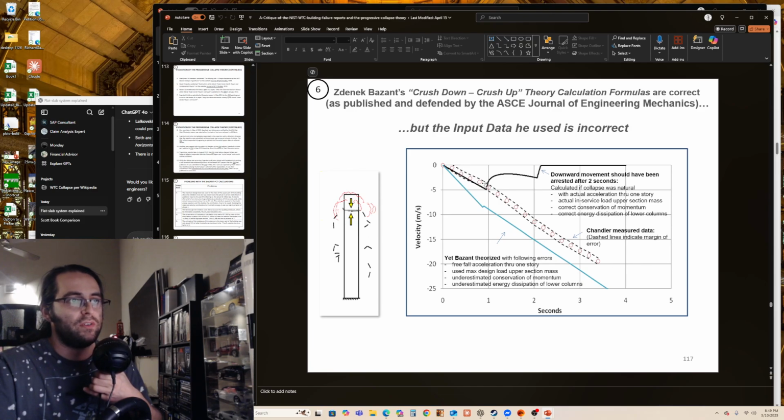What was observed right here in the footage was constant acceleration of velocity through the intact structure. So minimal resistance. Bazant's theoretical model is basically free fall because, of course, he used max design load upper section, underestimated.